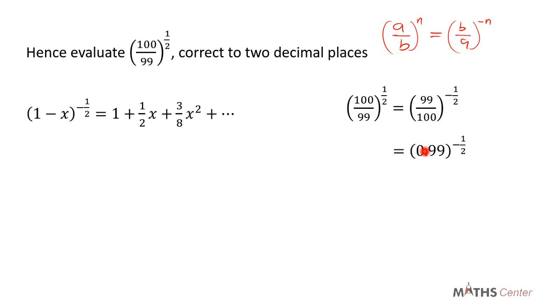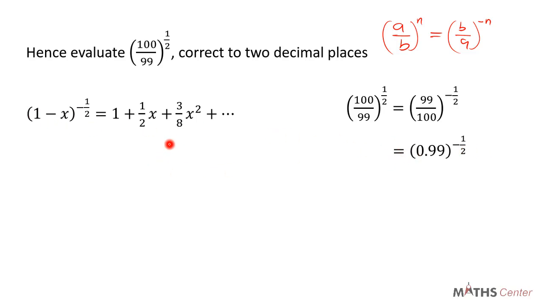99 divided by 100 gives us 0.99. So we have 0.99 exponent negative half. Now it's beginning to look like our binomial expression here, but it's not done yet. We still have some work to do. When we compare 1 minus x exponent negative half to 0.99 exponent negative half, you can see that they both have an exponent of negative half, so we can equate the bases.